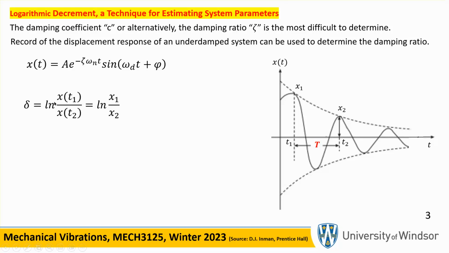If you form the ratio of x1 to x2 at these two times, and take the natural log of it, we get this, and that is represented by delta, and it's called the logarithmic decrement. It's called logarithmic because you're taking a logarithm, and decrement because something is decaying.